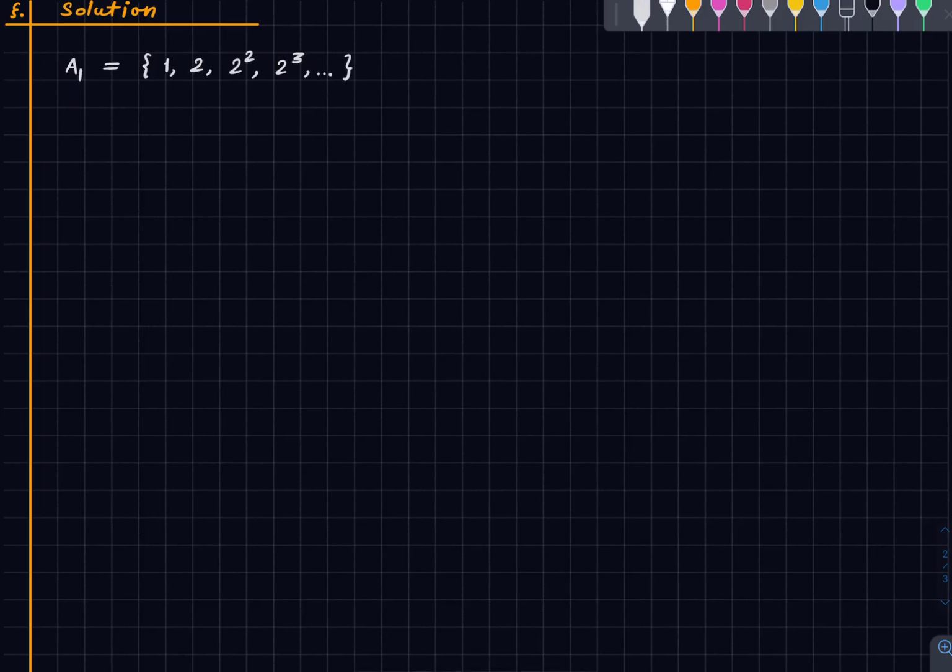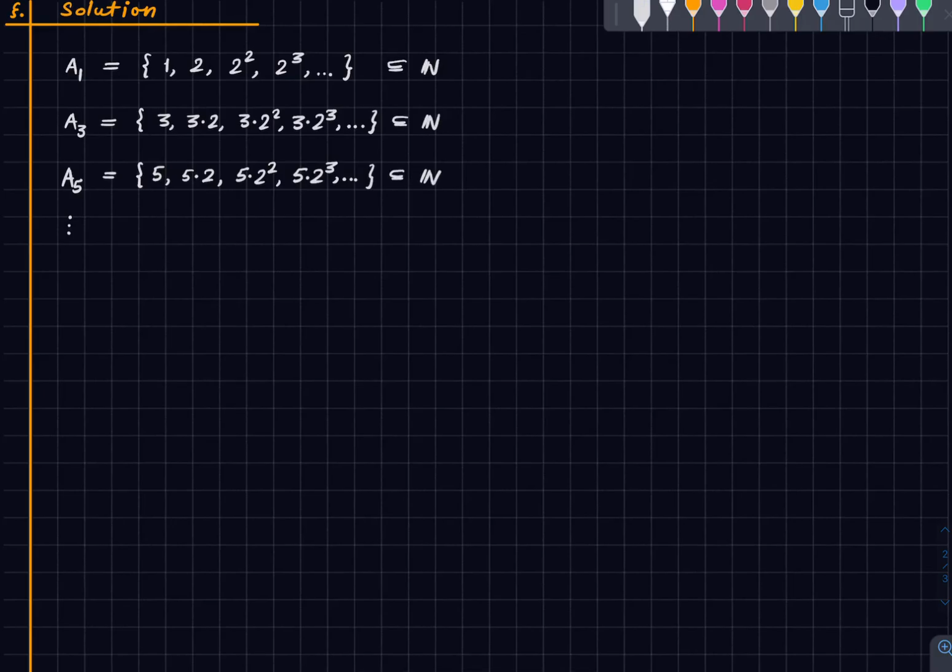A3 as 3, then 3 times 2, 3 times 2 square, 3 times 2 cube and so on. And similarly for all the odd natural numbers. So these are all subsets of natural numbers, of course.